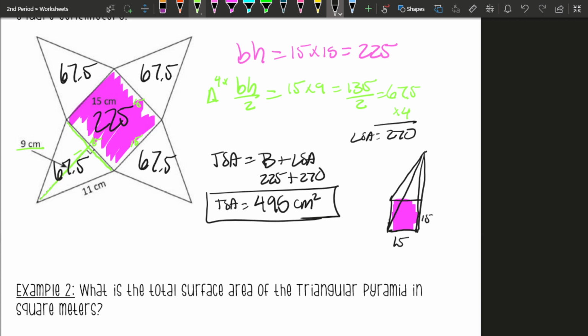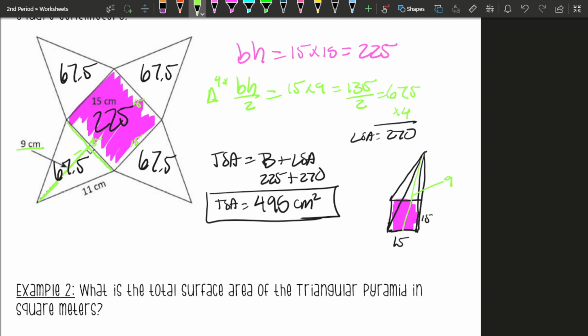And I know the height of this, not the height of the pyramid. I didn't care about the height of the pyramid. They gave me the height of the face, which is 9. That's all I needed to know, because the height of the face is what's given on the net. And the height of every face is going to be the same.